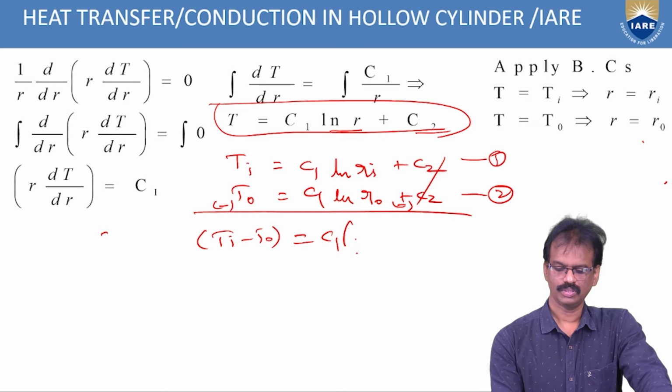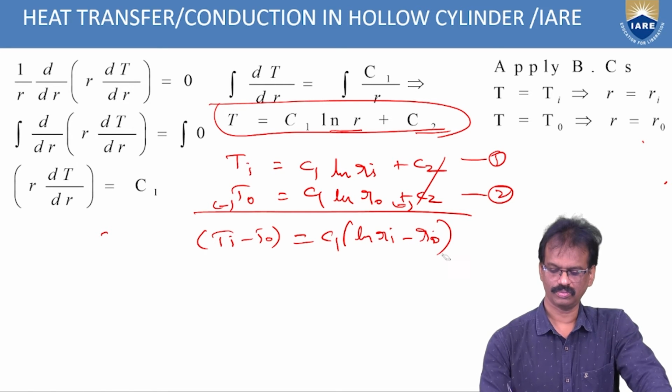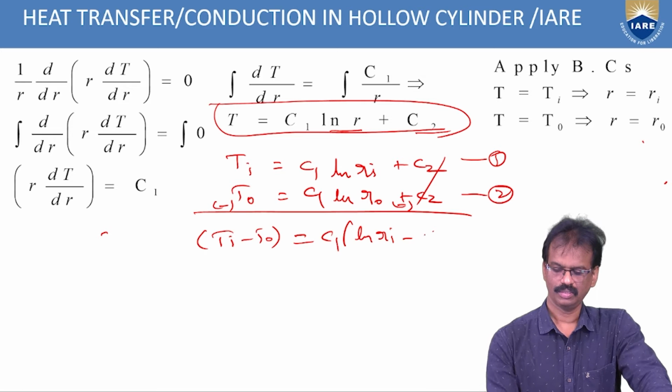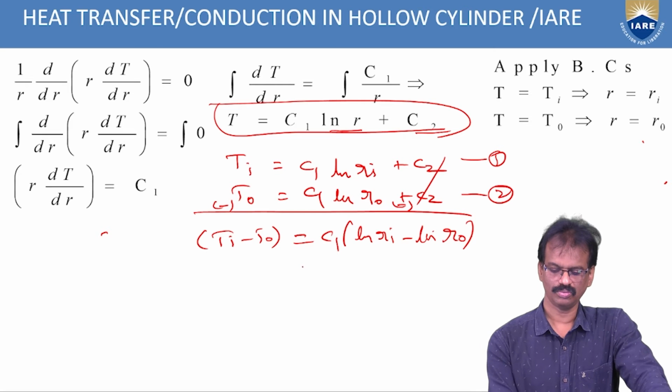You know the formula log A minus log B, so you can rewrite it as C1 into ln Ri by R naught.